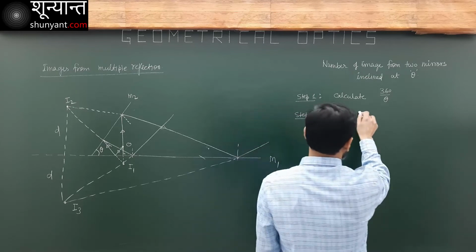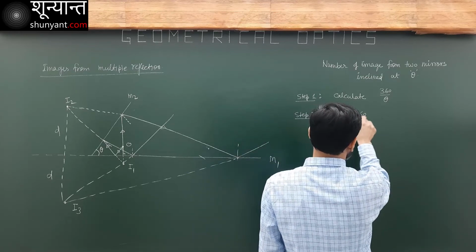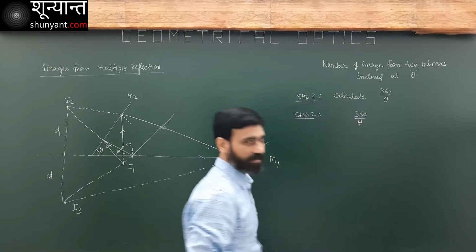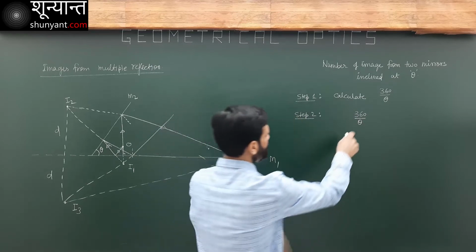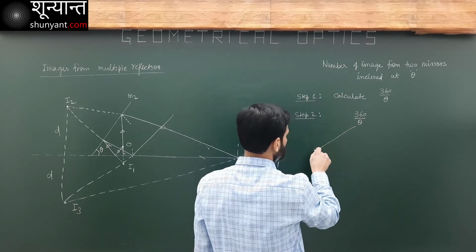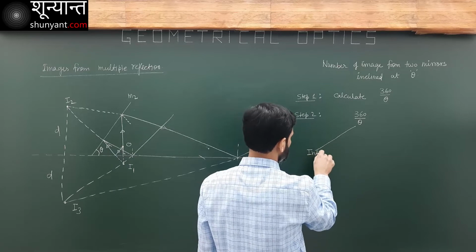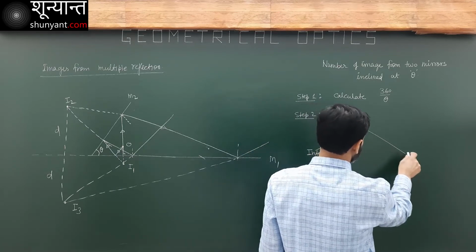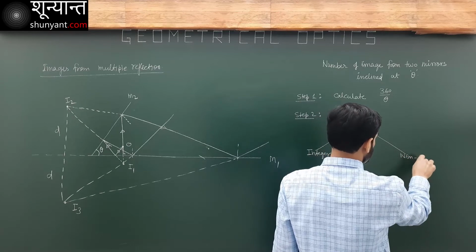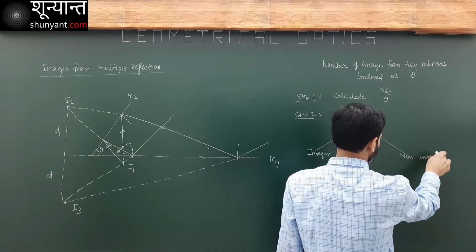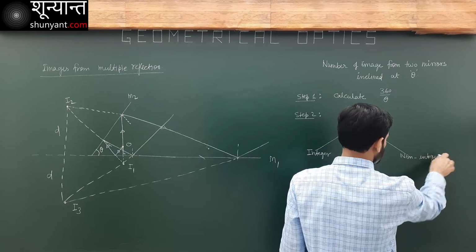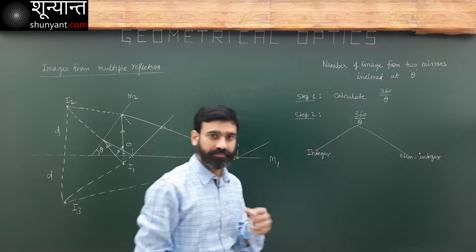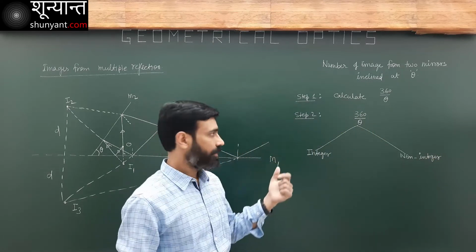Step 2. Now, when I calculate 360 over theta, it is going to be either an integer or a non-integer. Only two possibilities. Of course, it is going to be positive.